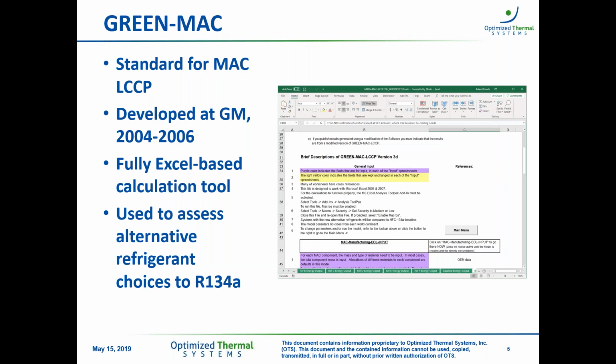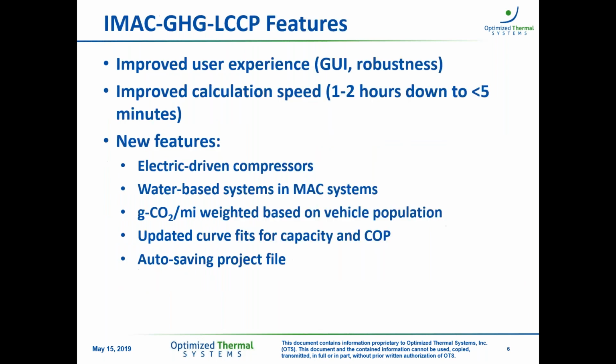So as I mentioned, Green MAC was a fully Excel-based tool, previously the standard for evaluating LCCP of MAC systems, and used for determining alternative refrigerants to R134A, but it's not as user-friendly as you'd like.